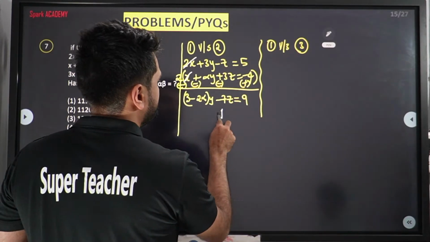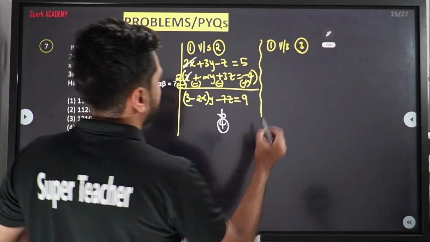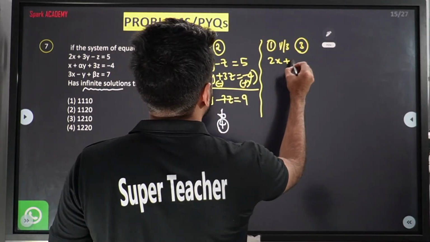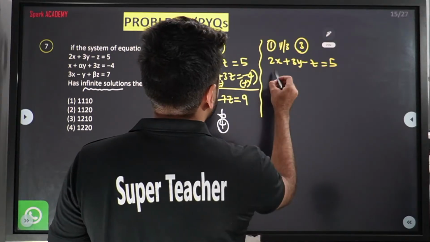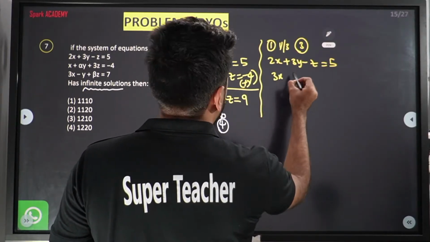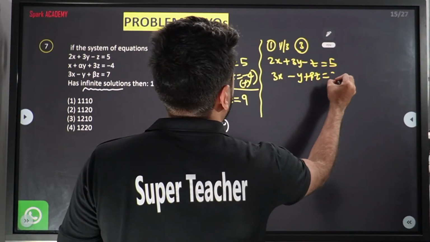This I will write as equation 4. Now again let's do 1 versus 3. This is again 2x plus 3y minus z equals 5. And this is 3x minus y plus beta z equals 7.